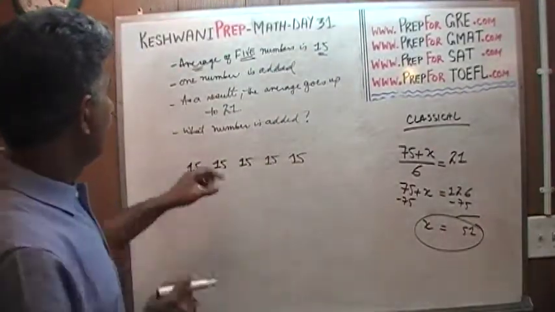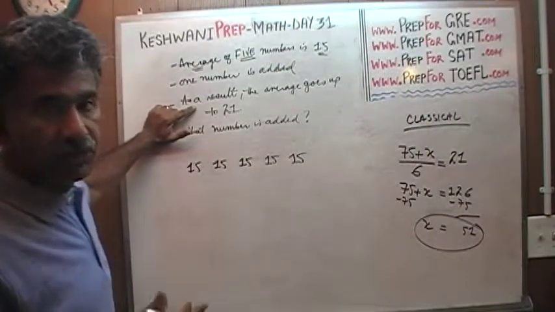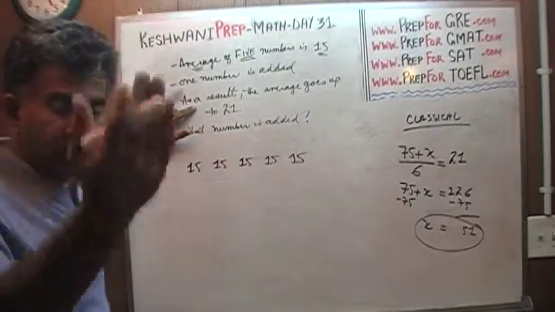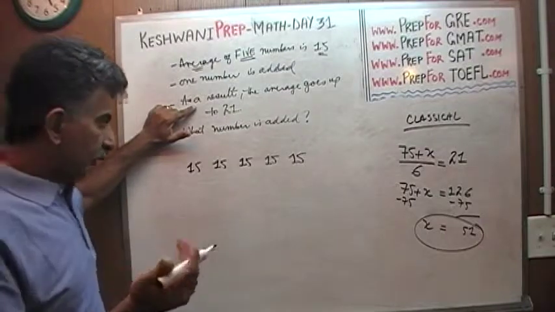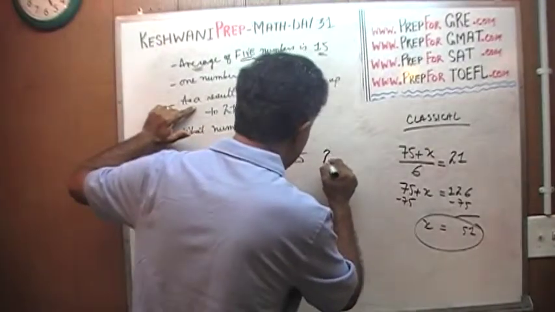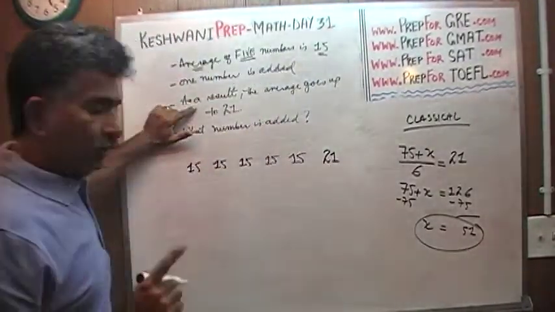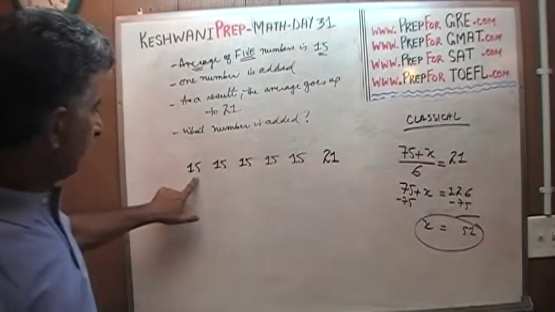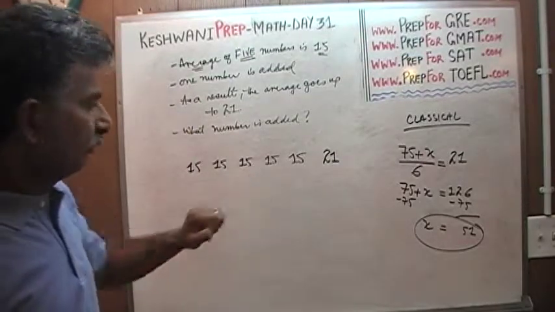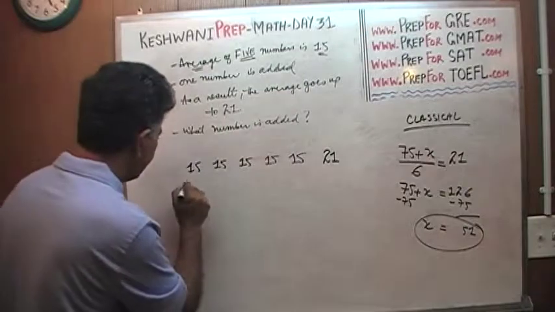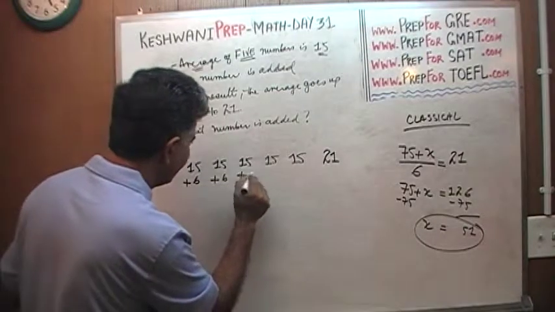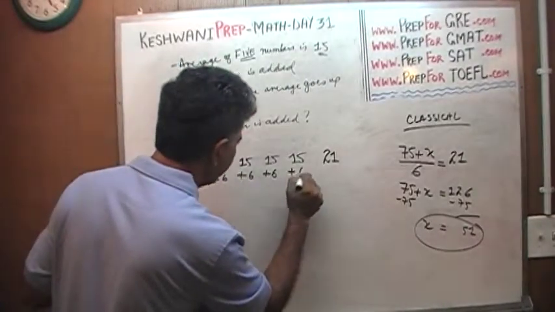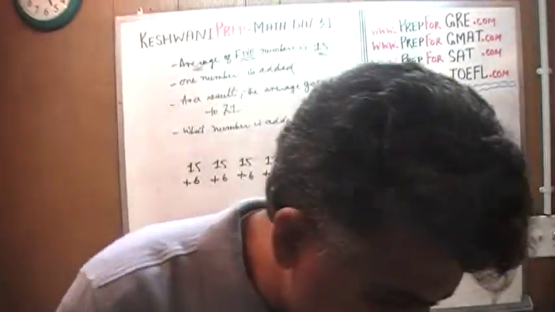Then we add one more number, as a result of which the average of all of the 6 numbers goes up to 21. So let's pretend this number that we are adding is 21. What we have to ask ourselves is how do we make these 15s into 21s? By adding 6 to all of them. 6, 6, 6, 6 and 6. How many 6s did we add?